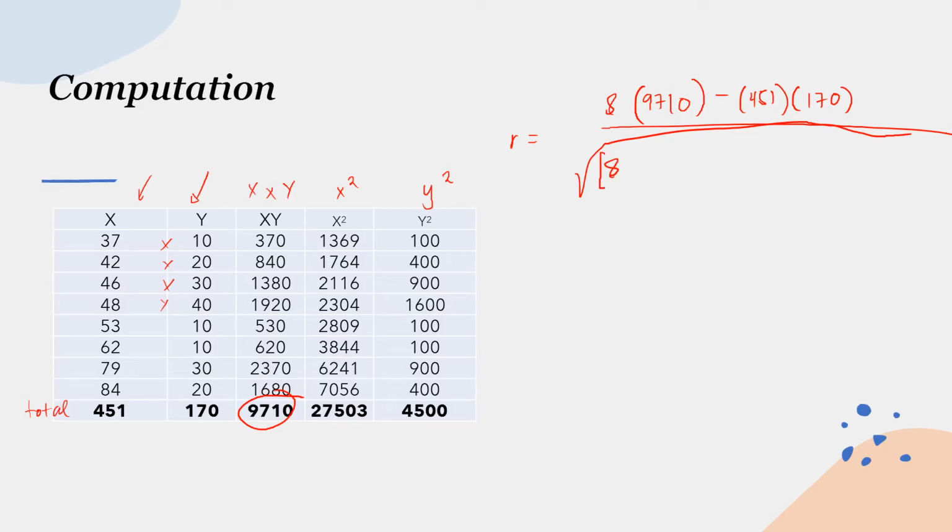Again, that's N times the summation of X squared, which is 27,503, minus X squared, or the summation of X squared, that's 451 squared, times, do this again for Y, that's 8 times the total of Y squared, which is 4,500, minus 170 squared.